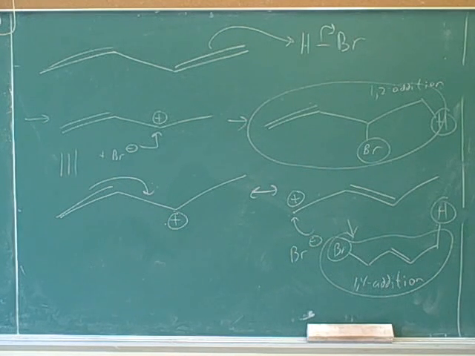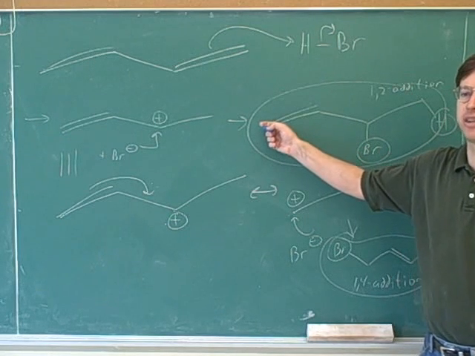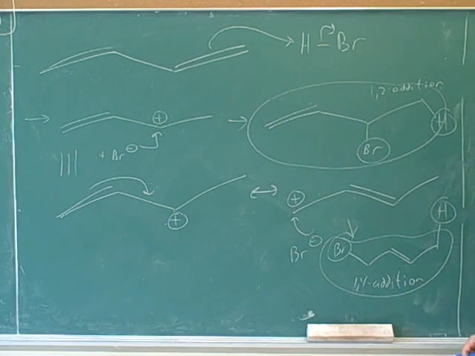Now the 1 and the 2 and the 1 and the 4 here are not IUPAC numbers. We're not saying that this would actually be the number 1 carbon, IUPAC. In fact, this would not be the number 1 carbon. The number 1 carbon would be over here on the double bond. However, they're just reference numbers.